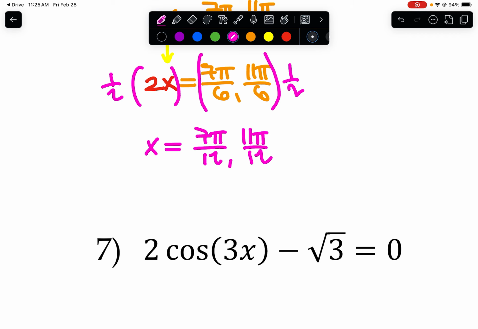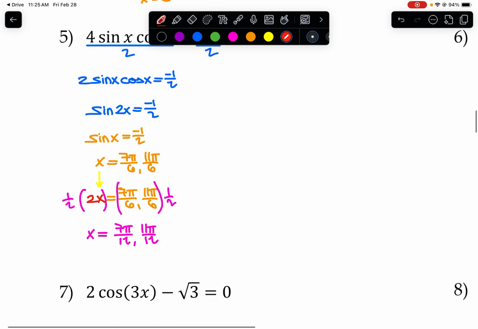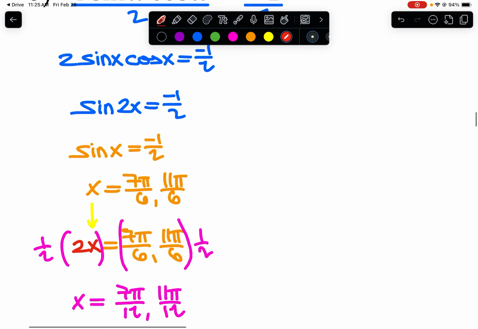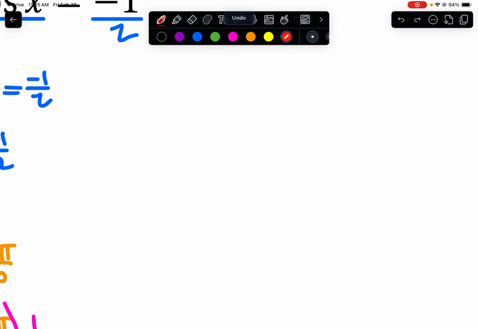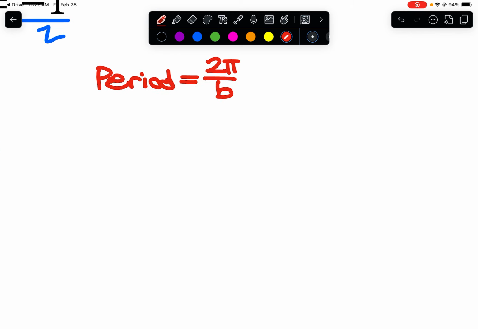So what you need to do next is consider the period of your actual equation. When I say period, I'm going to reference back up here when I used a double angle identity. So I'm going to recap. The period of your trig function is equal to 2 pi divided by your b value, back when we were graphing trig functions.